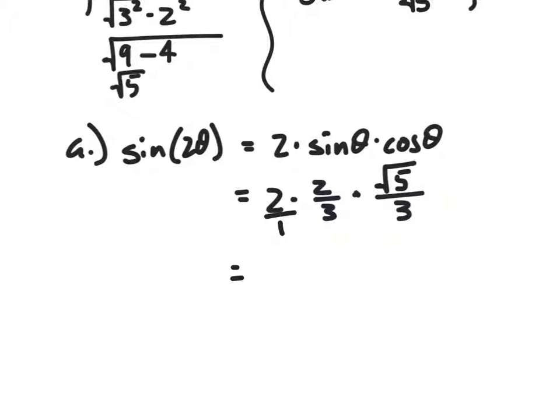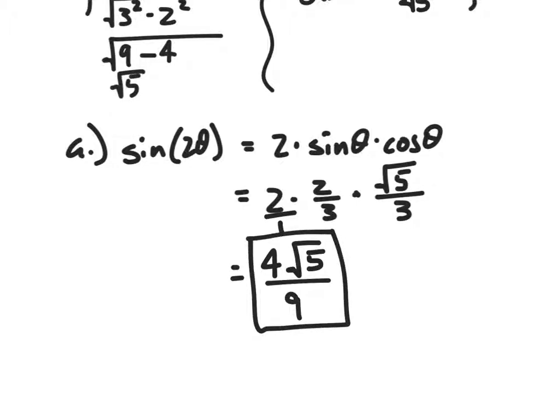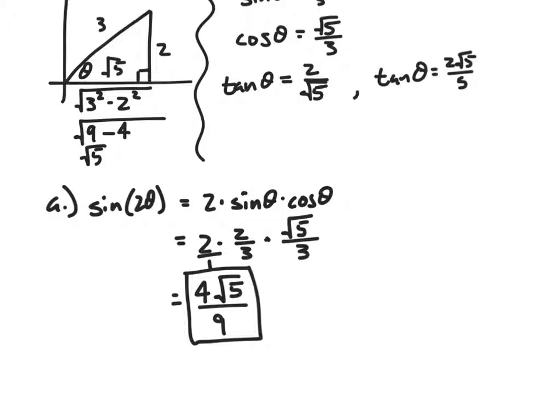And so 2 times 2 gives me 4, times the square root of 5. 3 times 3 gives me 9. I can't simplify this. I don't need to rationalize this, and that is my answer. Okay, so having all those other values allows me to evaluate that. Okay, all right. Let's do the same thing.